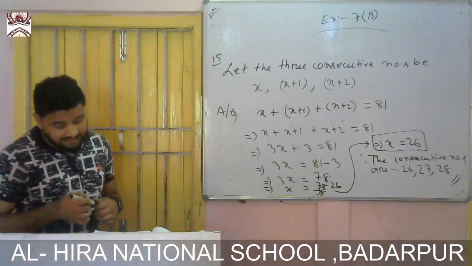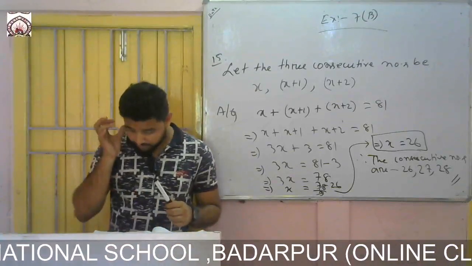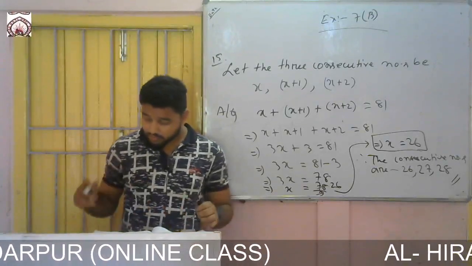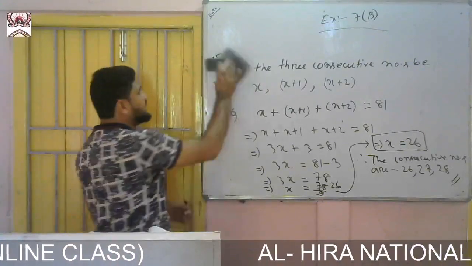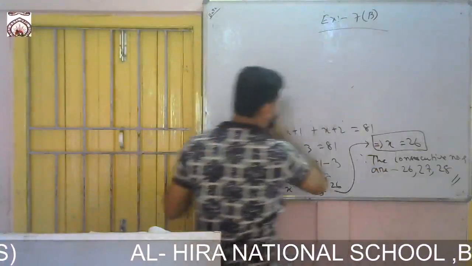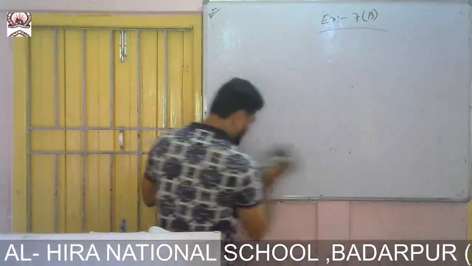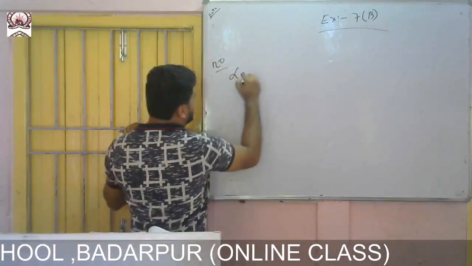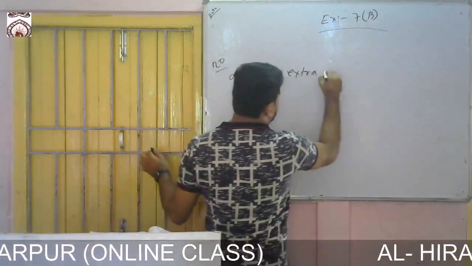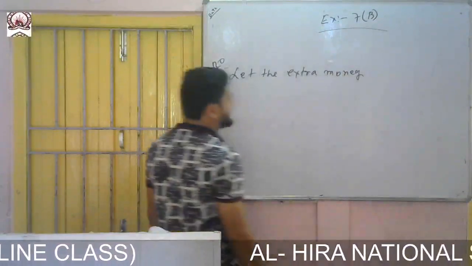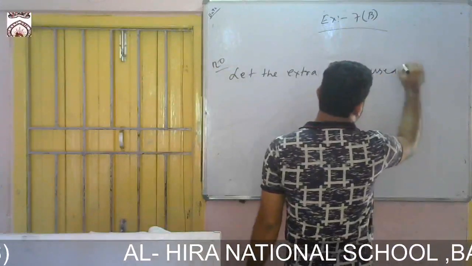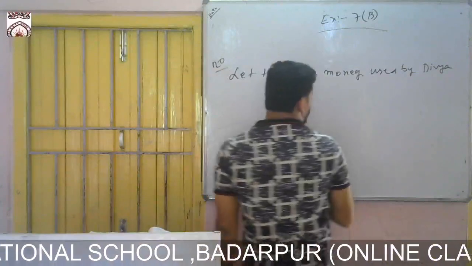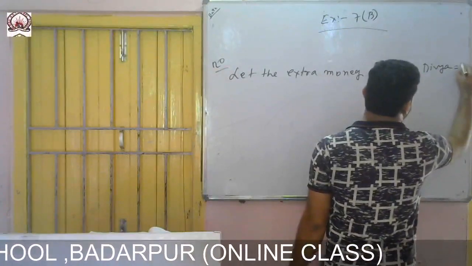Let the extra money used by Divya equal rupees x.